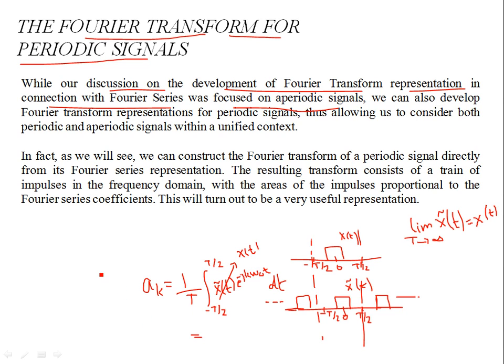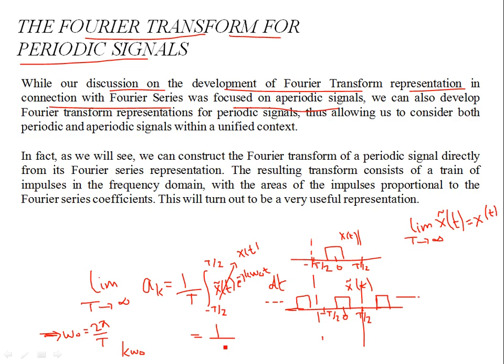The other thing is that if we apply the limit T goes to infinity, this implies that omega naught, which is 2 pi by T, becomes small. That means the harmonically related components become closer and closer together; the spacing becomes very small.